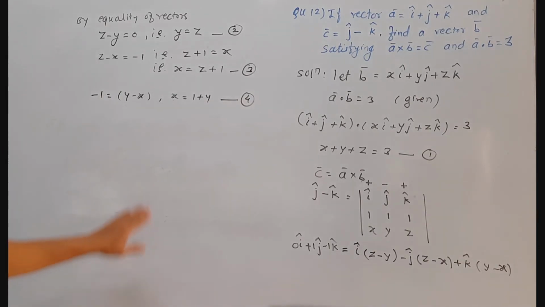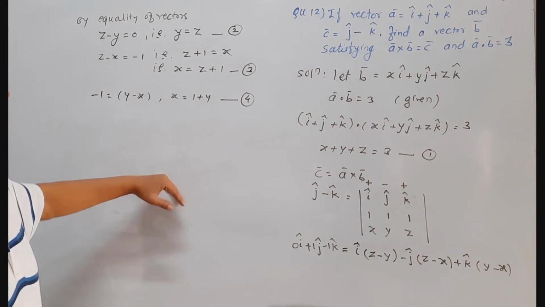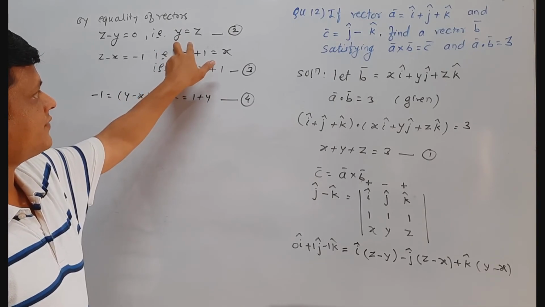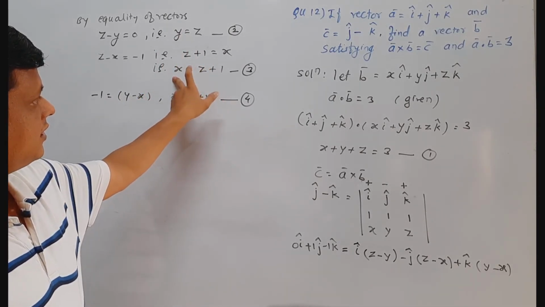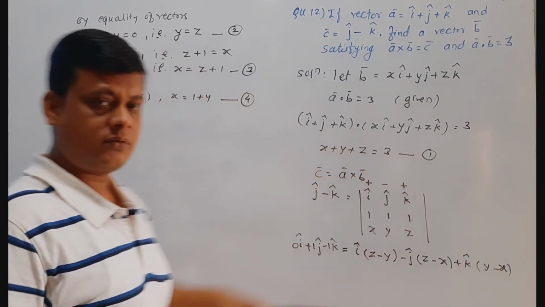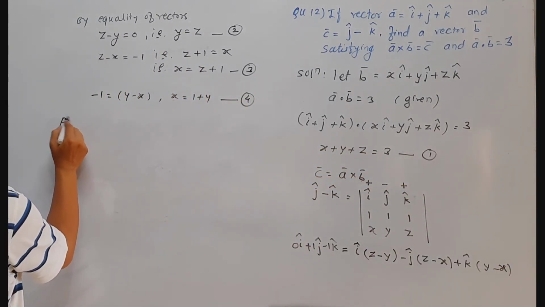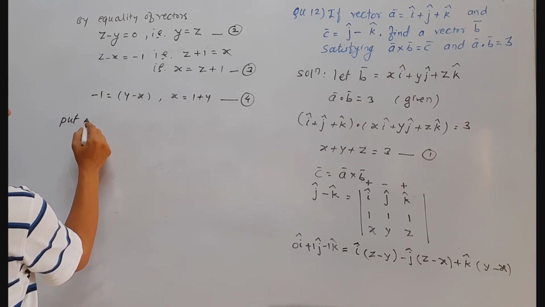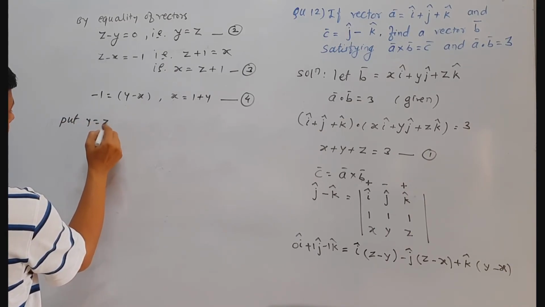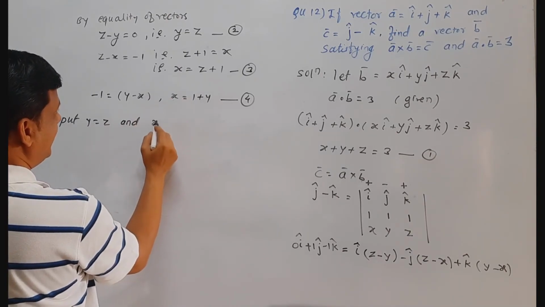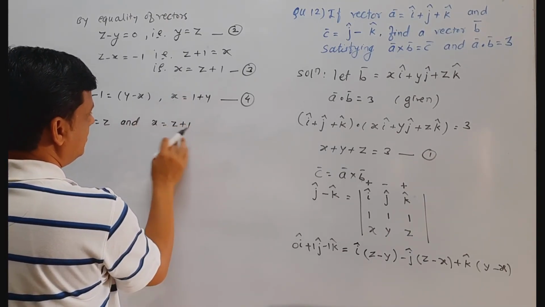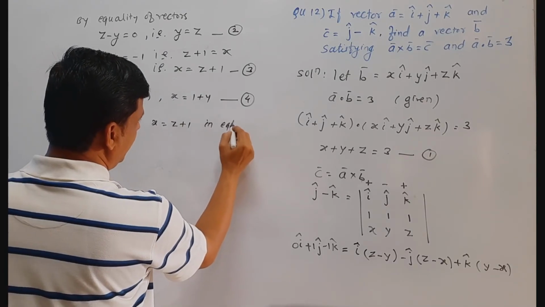Now we replace the value of y in terms of z, then x in terms of z in equation number 1. So put y is equal to z and x is equal to z plus 1 in equation 1.